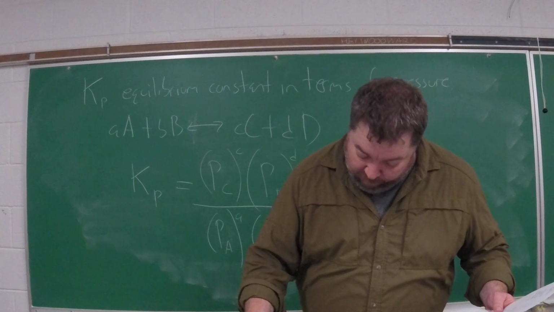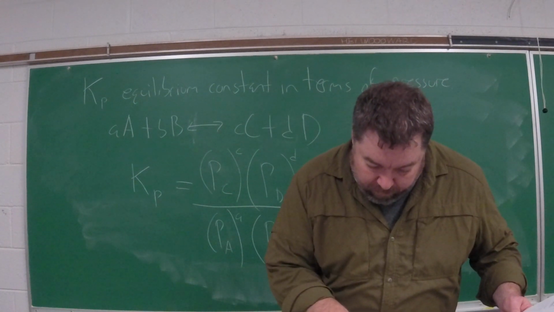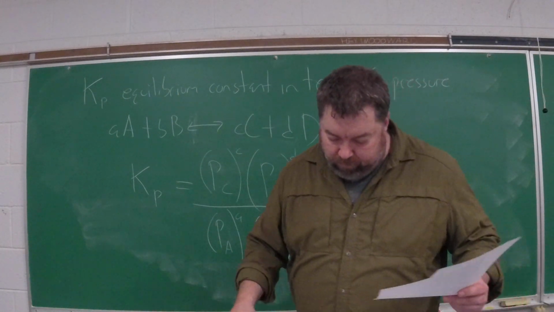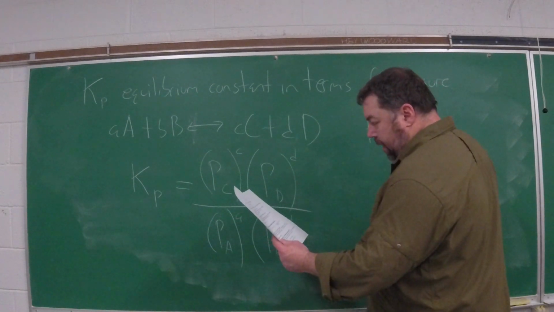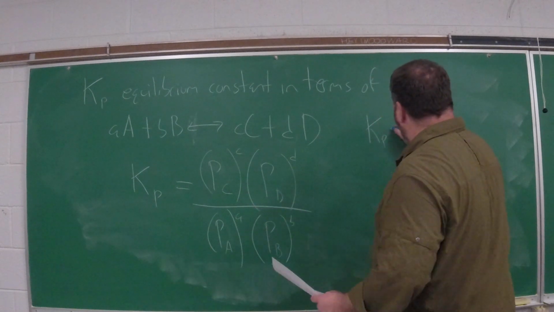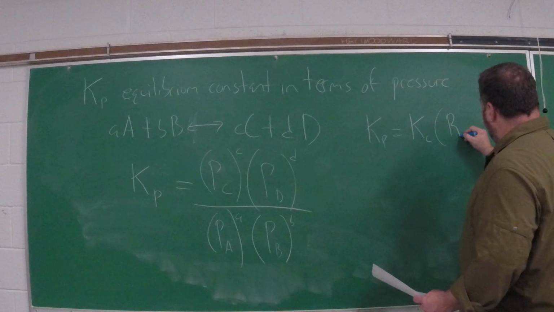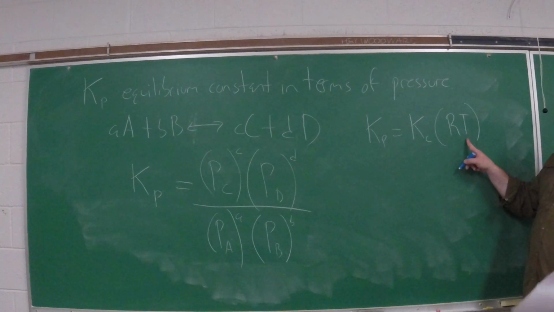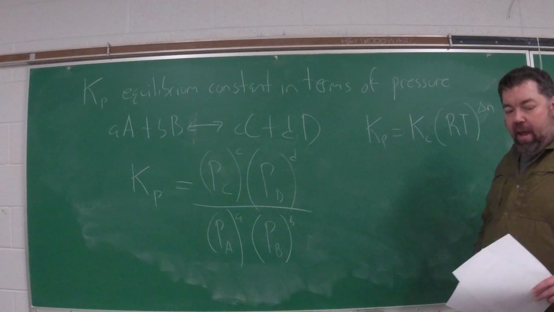Our equation for this is going to be Kp equals Kc times R, the gas constant, 0.08206 liter atmospheres per mole Kelvin, times the temperature in Kelvin, raised to the delta n.